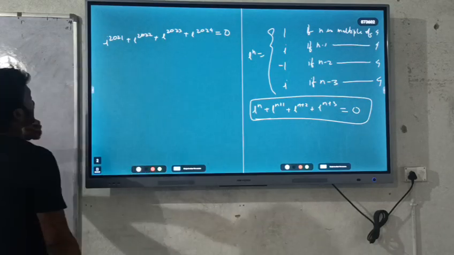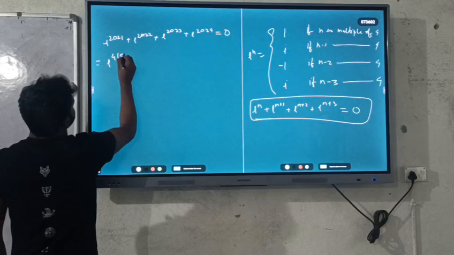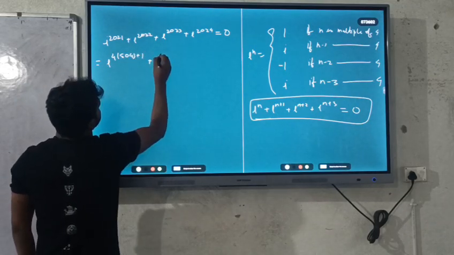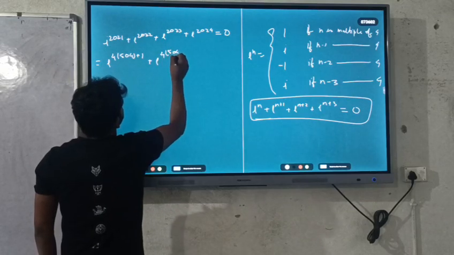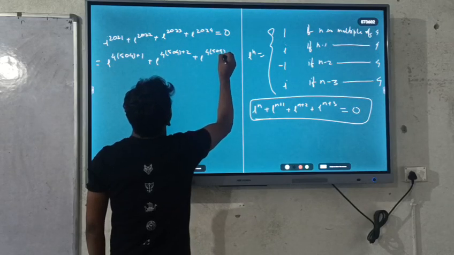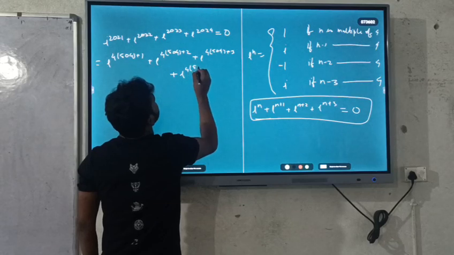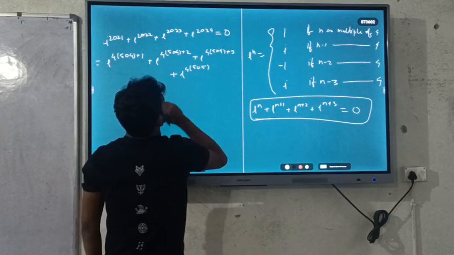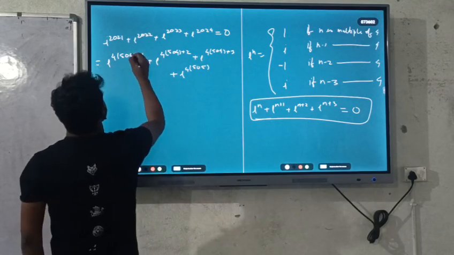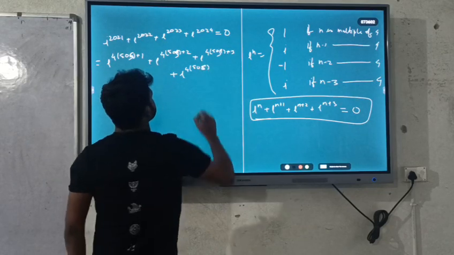We can also solve it by writing it in terms of multiples of 4, that is, i to the 4k plus 1, plus 2, plus 3, and plus 4.